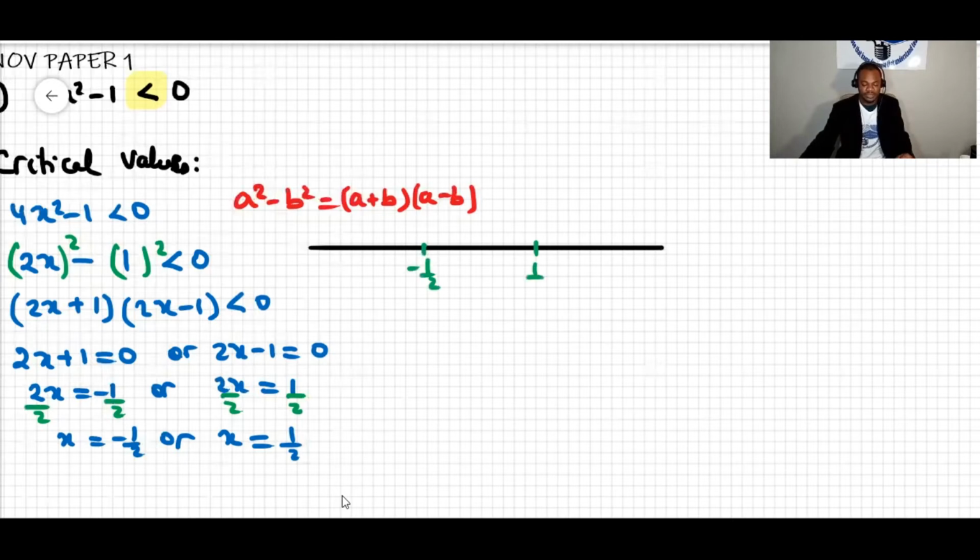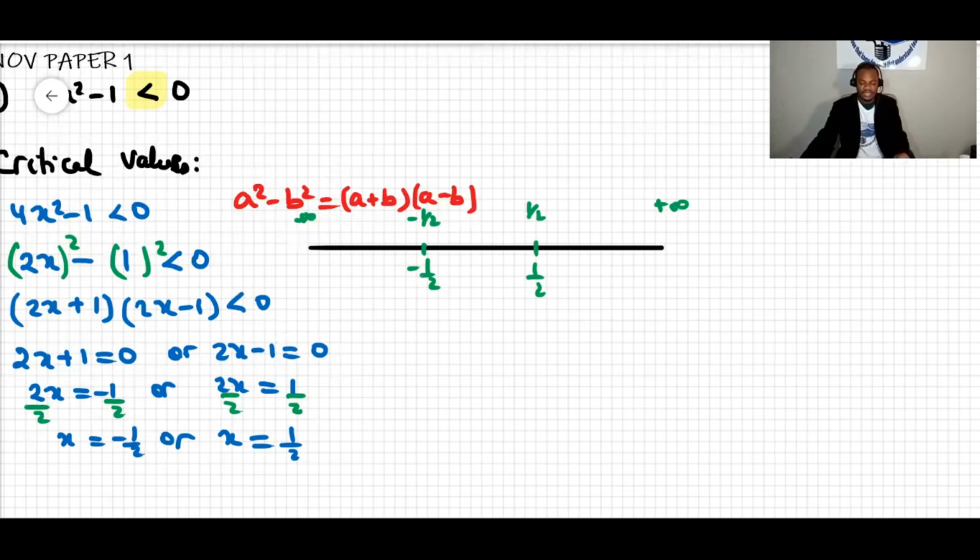Now we're going to substitute some values for x. The intervals are from -∞ to -1/2, from -1/2 to 1/2, and from 1/2 to +∞. We have 3 intervals there. But now we want to see where the solution is. How can we do that?